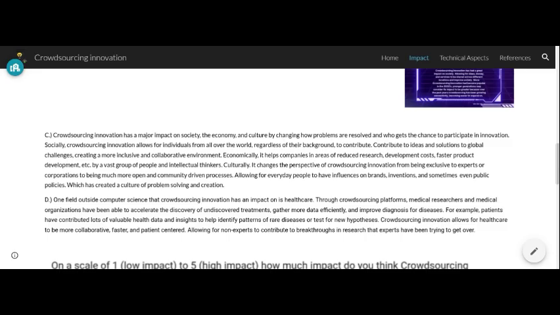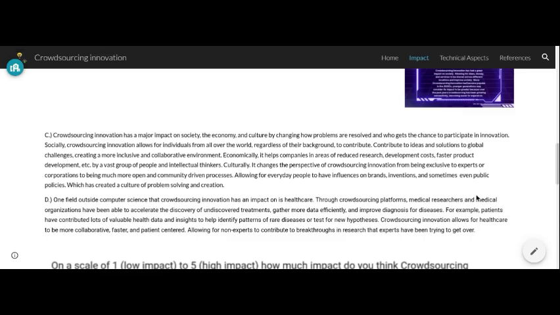And culturally, it changes the perspective on crowdsourcing from being only for experts to having a vast group of other people giving their ideas just from a community, so that average people can have influence on brands, inventions, and even public policies.